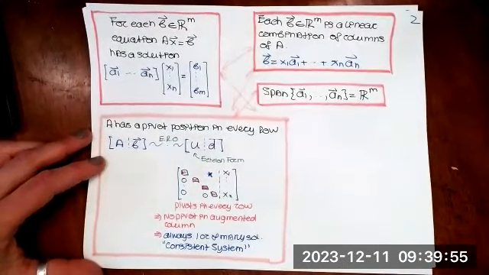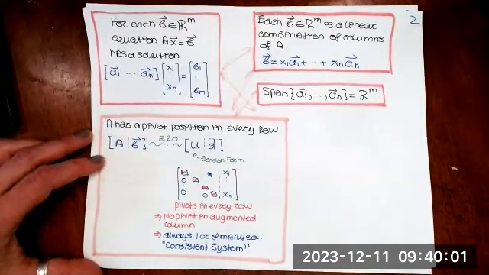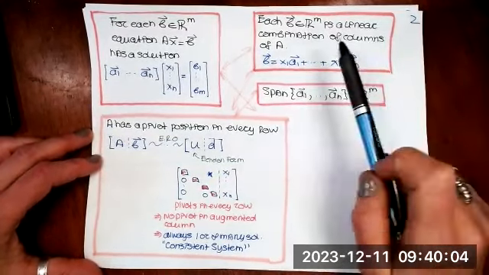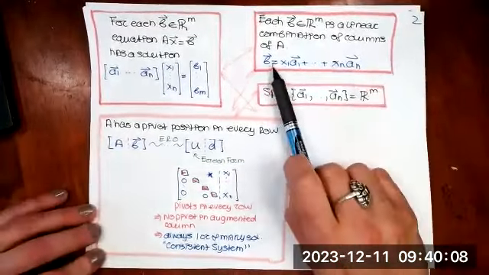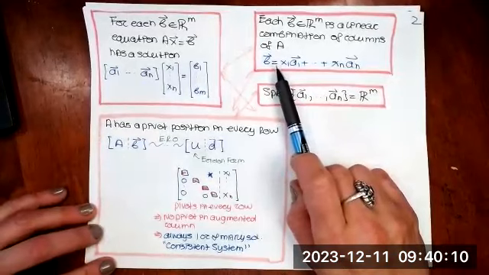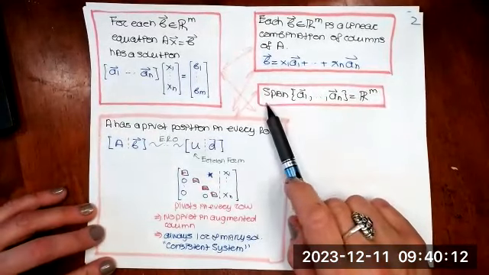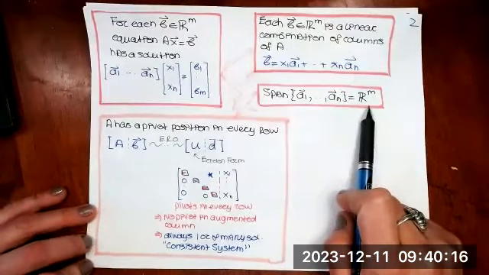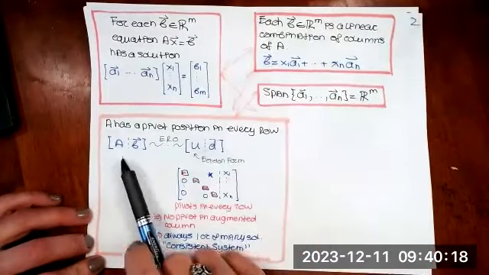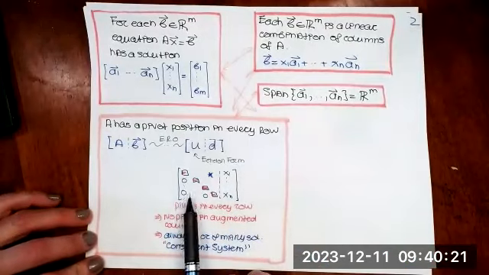And then we had all those equivalences. If for each b in R^m the equation Ax equals b has a solution, that statement is also equivalent to saying that each b in R^m is a linear combination of columns of A, or that the span of columns of A equals R^m, or that A has a pivot position in every row.